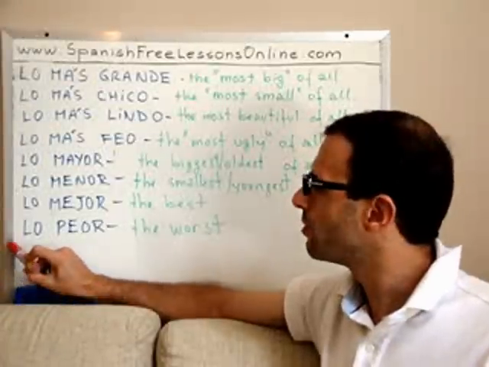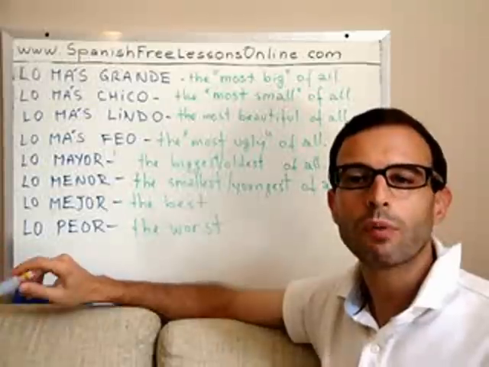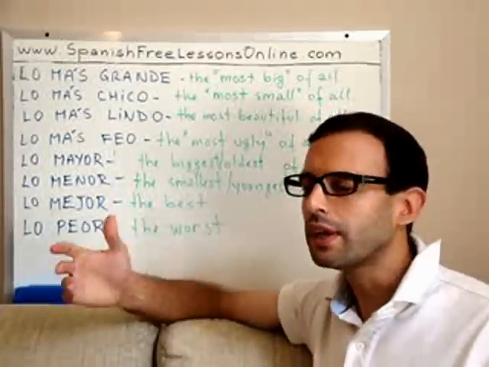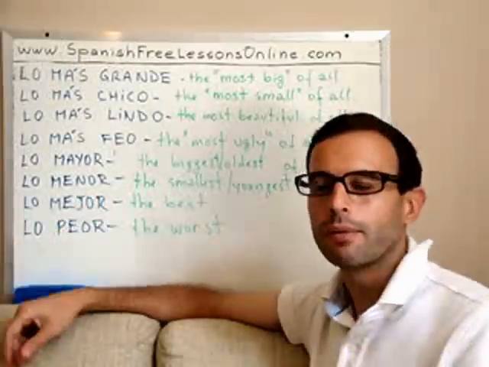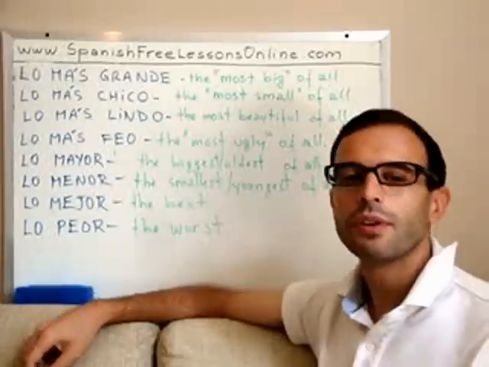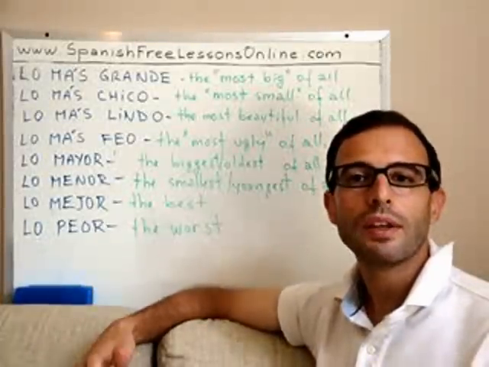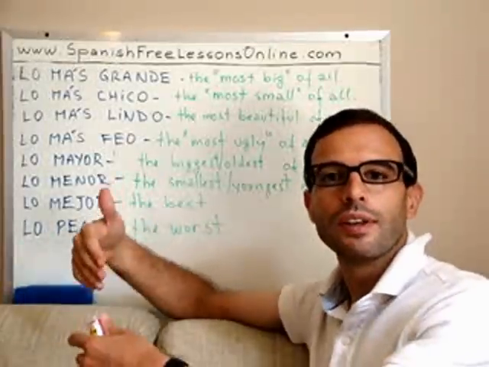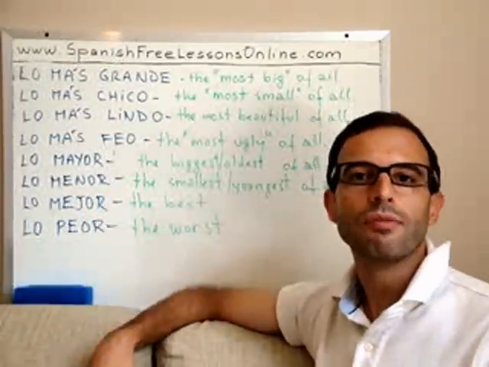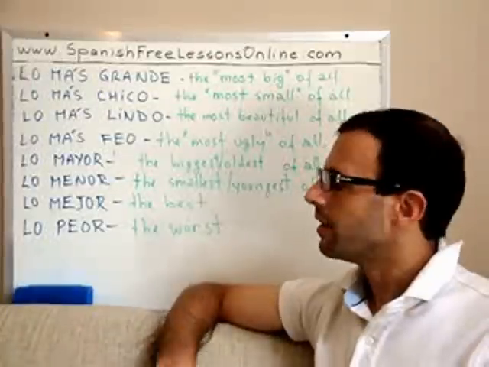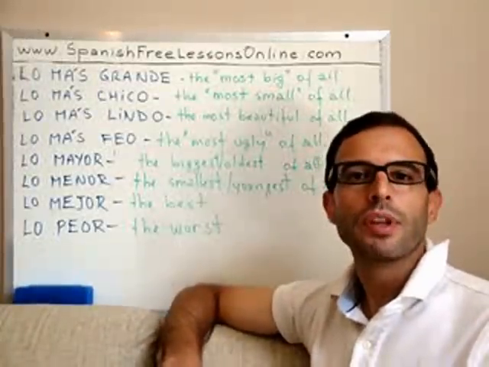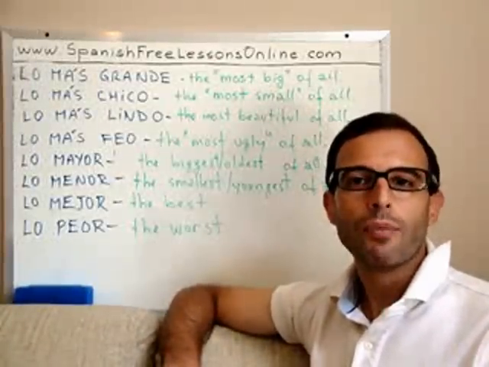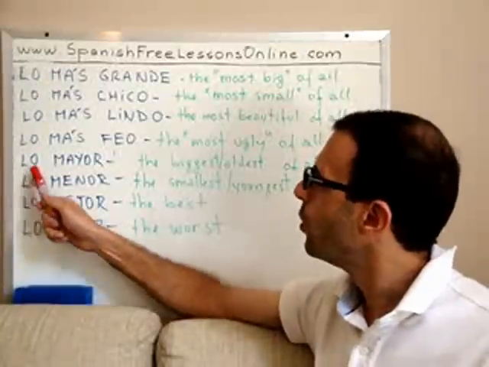You're referring to something more abstract, right? Like when you say the worst thing is that blah blah blah, right? Or you're telling something good that happened, and then you say, but the best thing is, and you add information, okay? That best or that worst that is more abstract is lo.